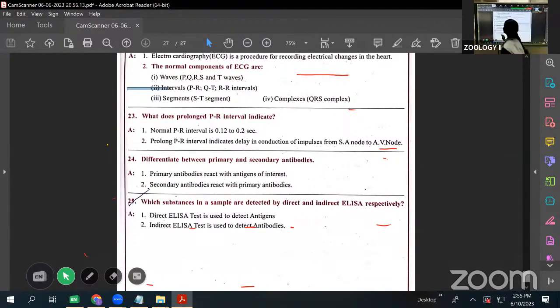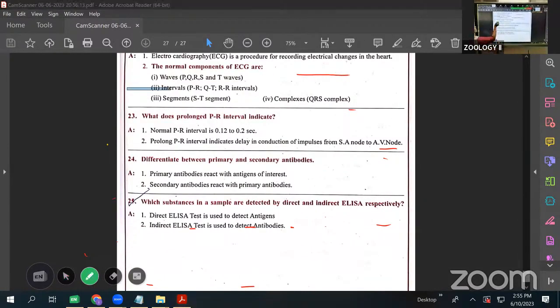See this one, the ECG. Which types of components are present in an ECG? ECG is electrocardiography, the procedure of recording the electrical changes in the heart. The components are waves, intervals, segments and complexes.